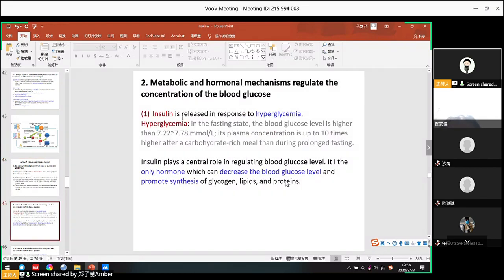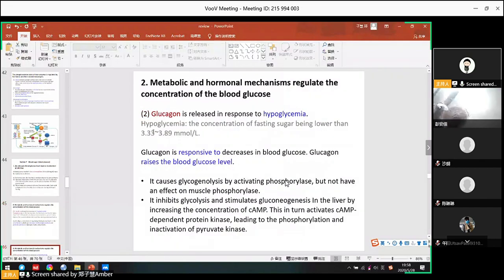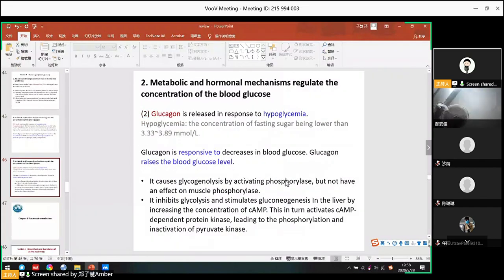And these values are for hyperglycemia, a higher blood glucose level. And this is the blood glucose level for hypoglycemia. Okay, so you have to remember these three values here. This is chapter 4.